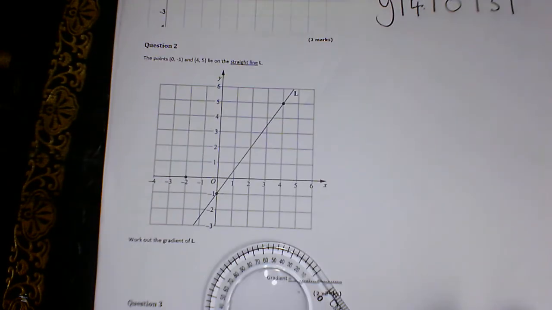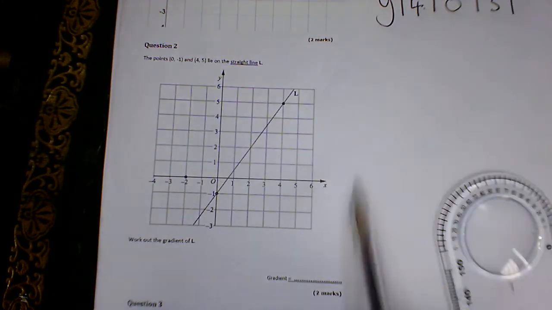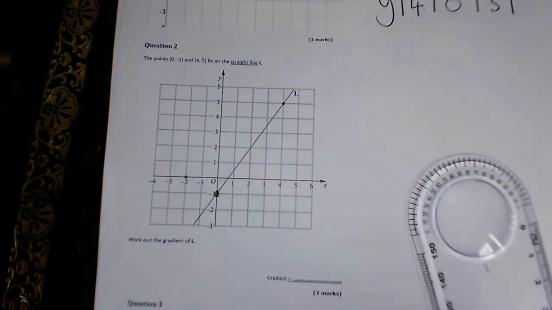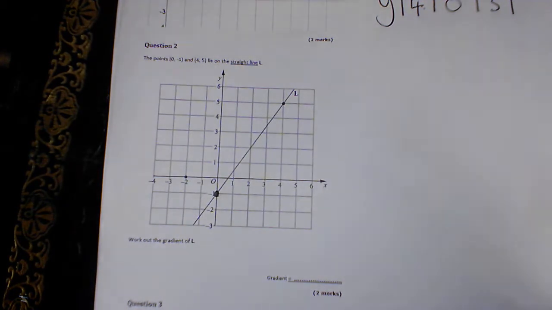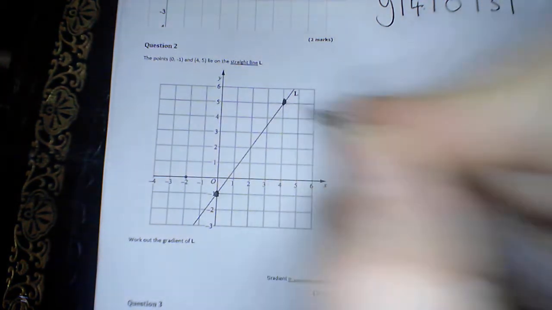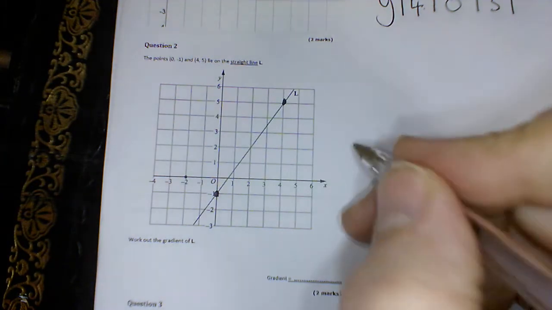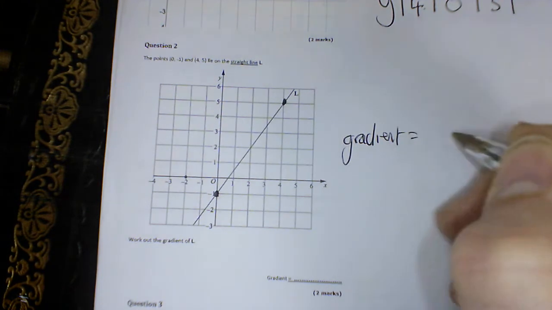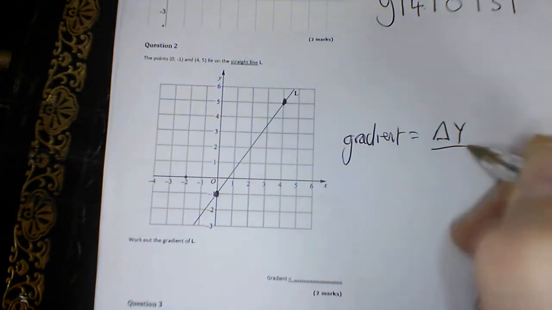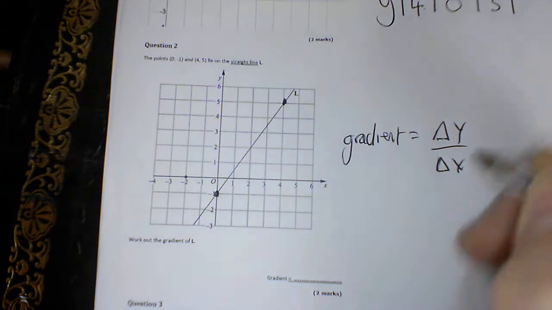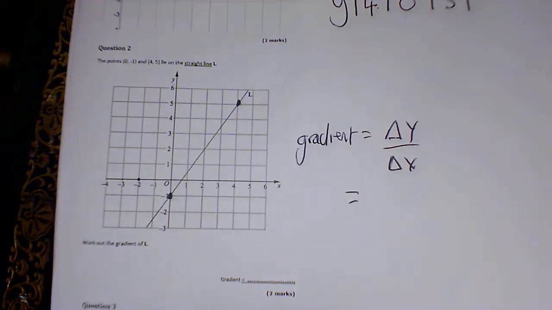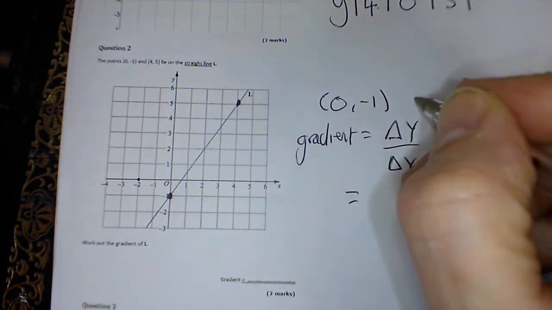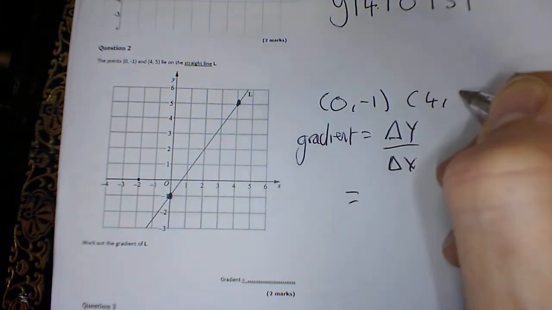Question two, the points 0, negative 1 and 4, 5 lie on the straight line. What's the gradient? So remember, the gradient is difference in y over difference in x. We've got the 2 points 0, negative 1 and 4, 5.